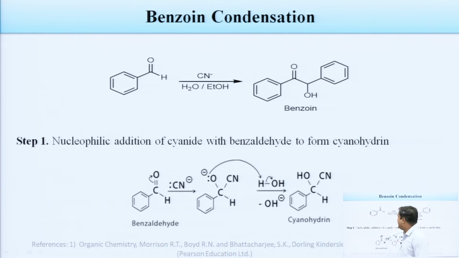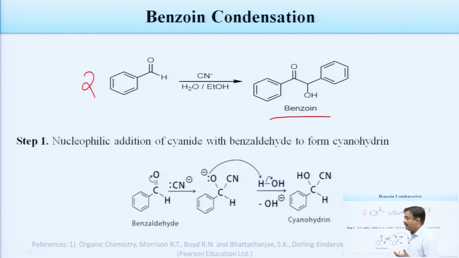Just focus on the reaction again. We are taking two molecules of benzaldehyde in the presence of cyanide ion, which is acting as a nucleophile. We are getting benzoin, an example of an alpha hydroxy ketone. So, how is the reaction taking place? We can understand by its mechanism.